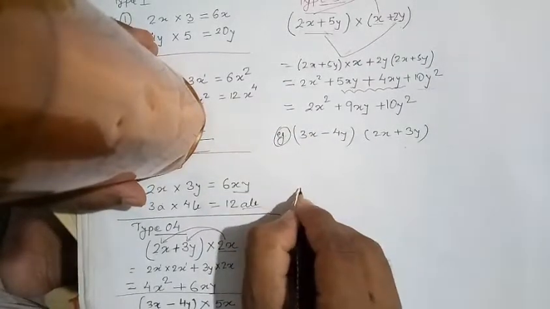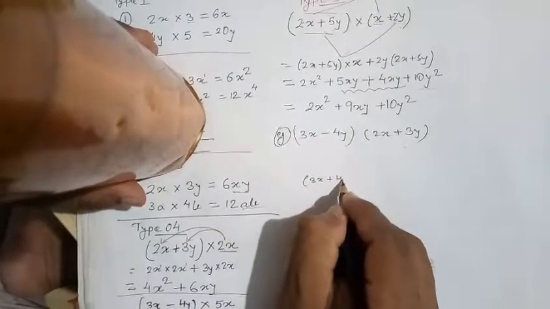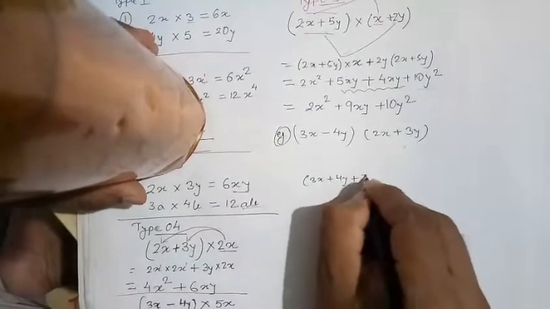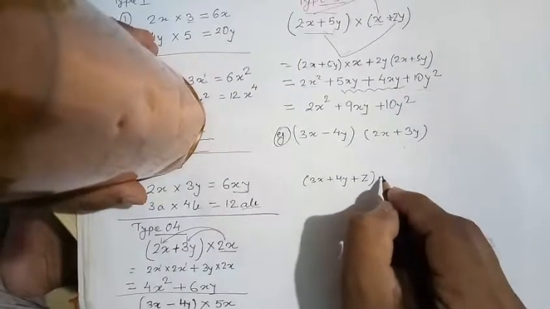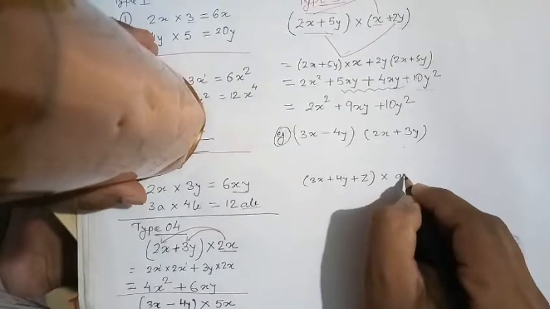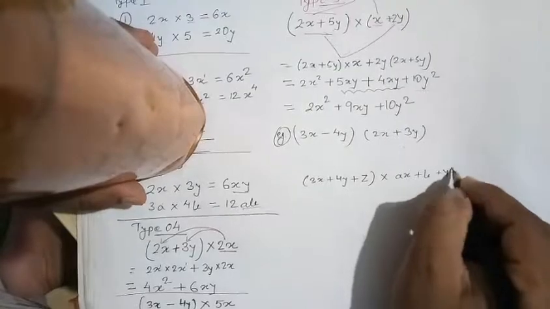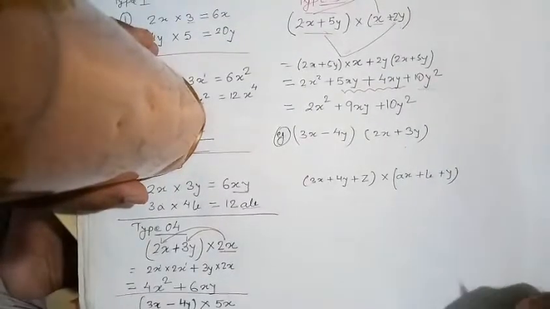Now I'm showing you another example. Suppose I have 3x plus 4y plus z, this time we have 3 terms, multiplying with ax plus b plus y. What is the concept?